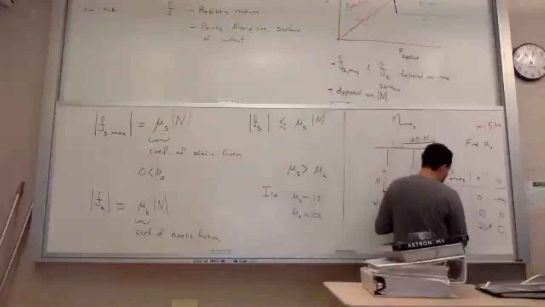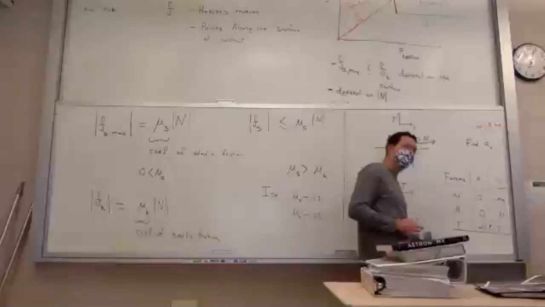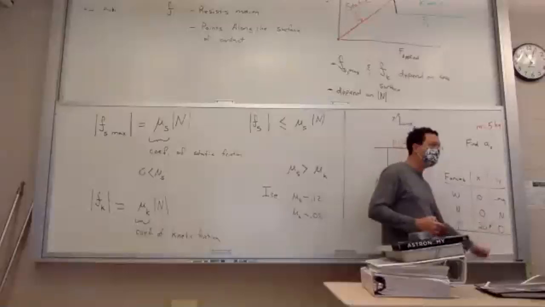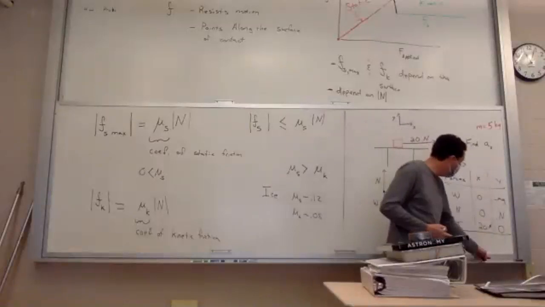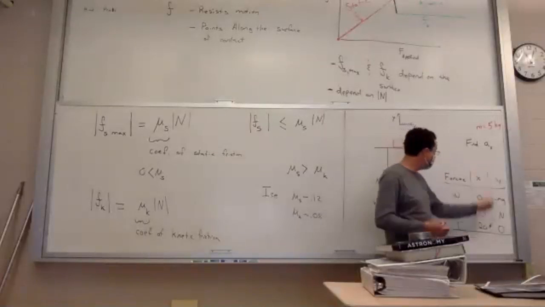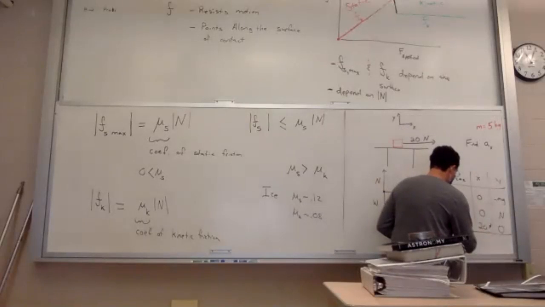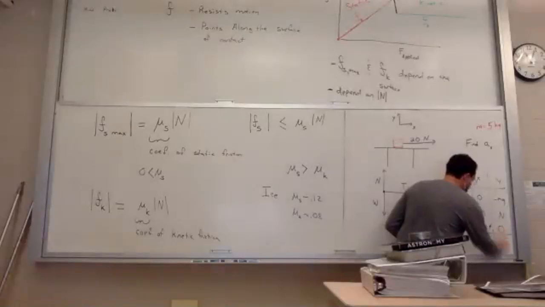Then I want to find the net force. So the net force is the sum of all the forces. So that just means I add up all the forces. So I want to find the net force in the x direction. I add up all these forces. Well, there's just one, 20 newtons. So the net force in the x direction is 20 newtons.